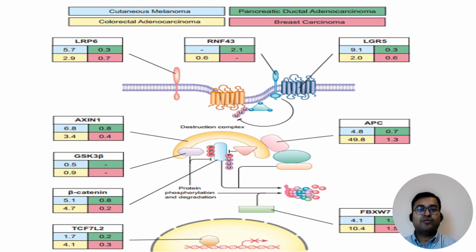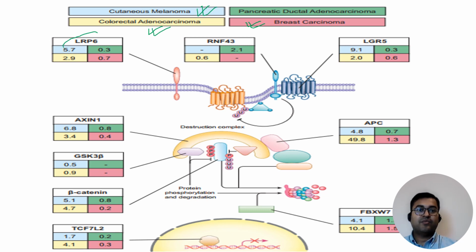Here we are trying to understand different components of the Wnt signaling which are involved in the development of different types of cancer. So this figure is trying to explain in percentage. So green color represents pancreatic ductal adenocarcinoma. This one represents breast carcinoma, colon adenocarcinoma, and cutaneous melanoma.